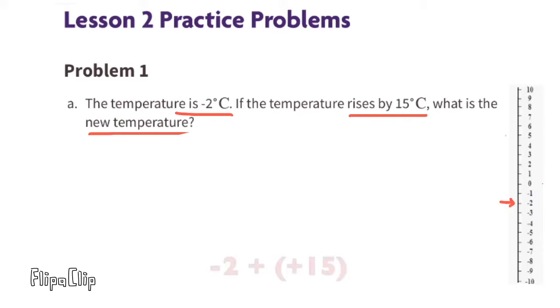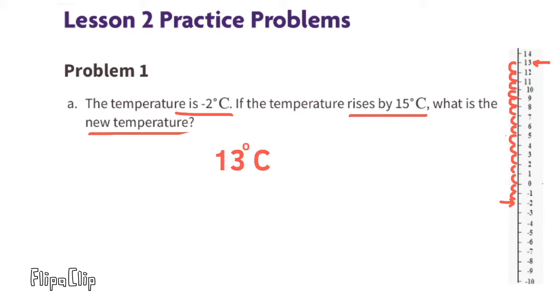Since rises means increasing, we can look at this as negative 2 plus positive 15. That, of course, is the same as negative 2 plus 15. And you can rearrange the order and rewrite this as 15 minus 2, or 13. The new temperature would be 13 degrees Celsius.